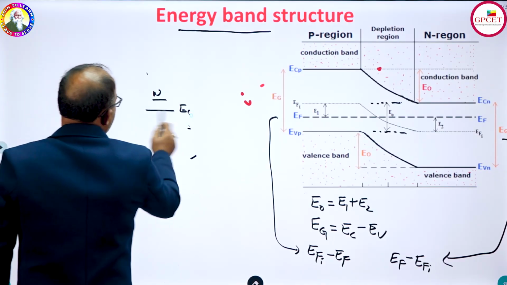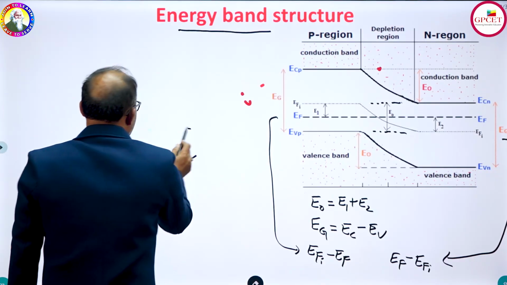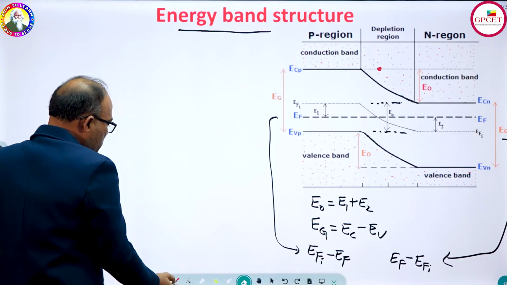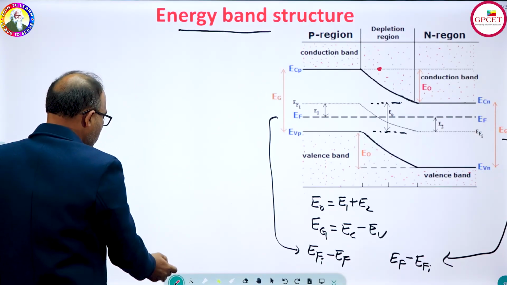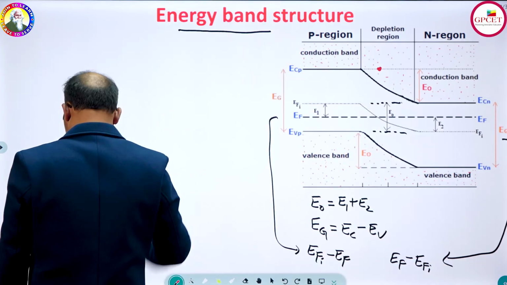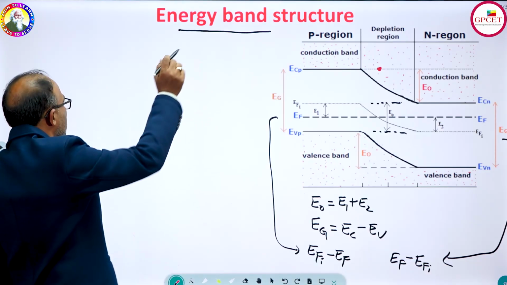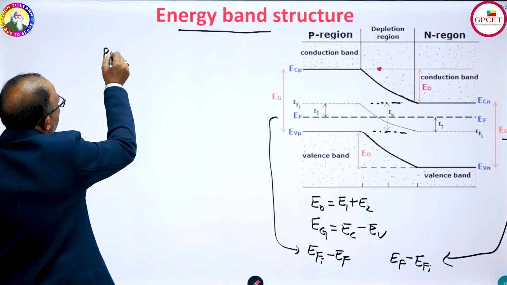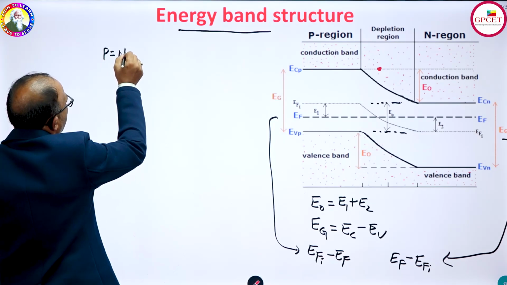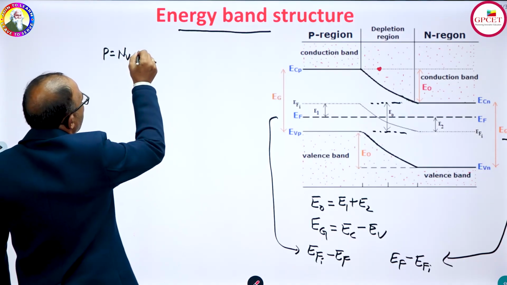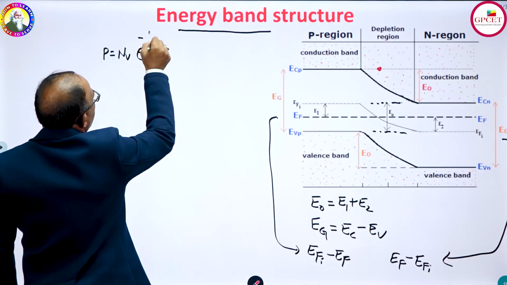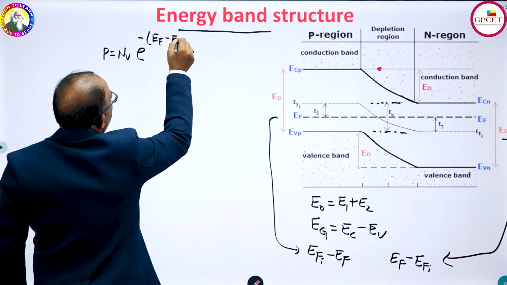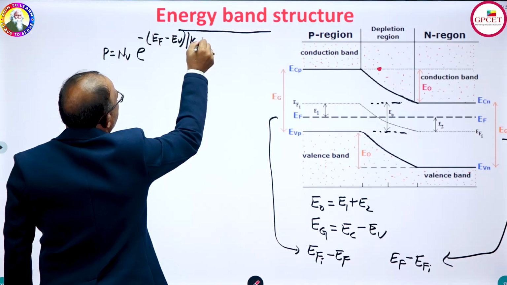Suppose we have already learnt in semiconductor physics the concentration of holes and the concentration of electrons. The concentration of holes is given by P is equal to NV, which is the effective mass of holes, into e power minus of EF minus EV divided by KT.